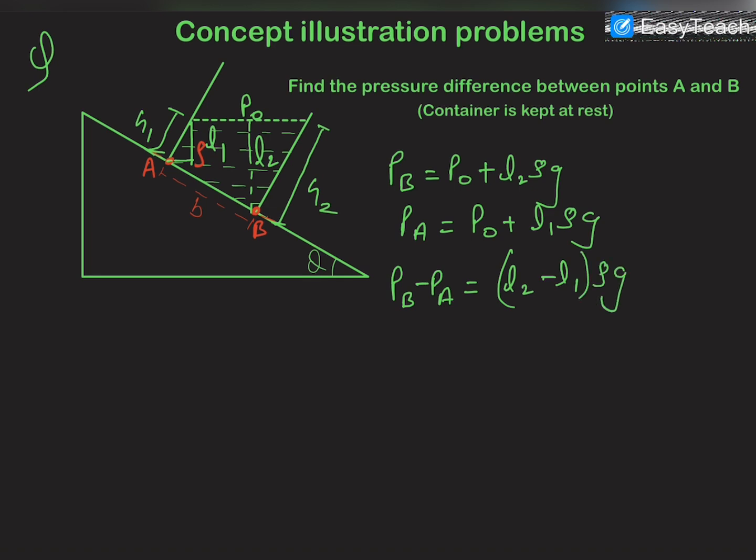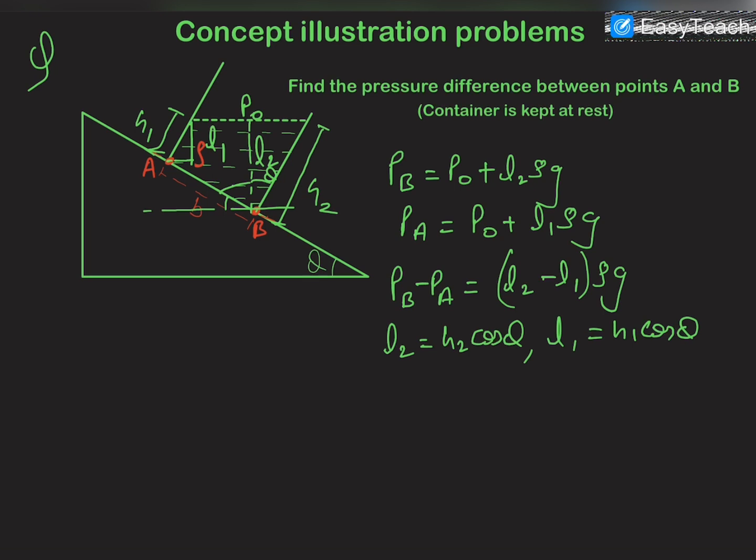This is PB minus PA, and this difference of pressure can be written in terms of H2 and H1 also, because you can see that if this angle is theta, this angle will be 90 minus theta, and this will be theta. So I can say that L2 will be equal to H2 cos theta, and L1 will be equal to H1 cos theta.